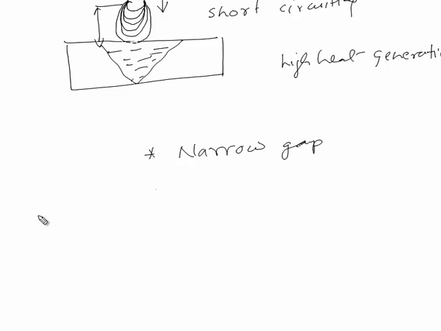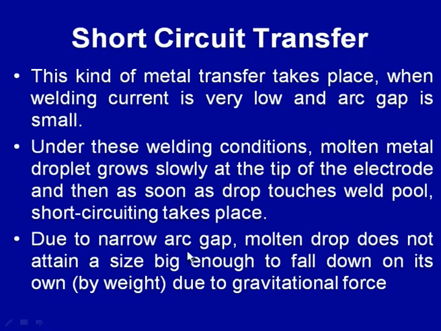So, in short circuiting, the necessary condition is that a narrow gap is there between the electrode tip and the workpiece, and the welding current is low. When these two conditions exist, the short circuiting mode of metal transfer is observed in consumable arc welding processes. Due to the narrow arc gap, the molten metal drop does not attain a big enough size to fall down on its own by weight due to gravitational force.